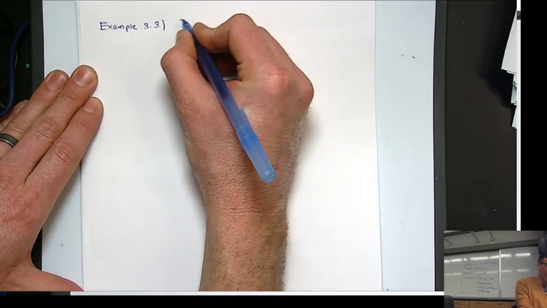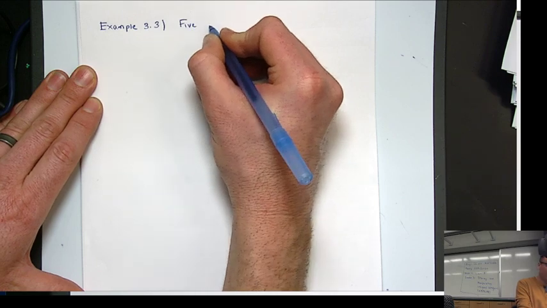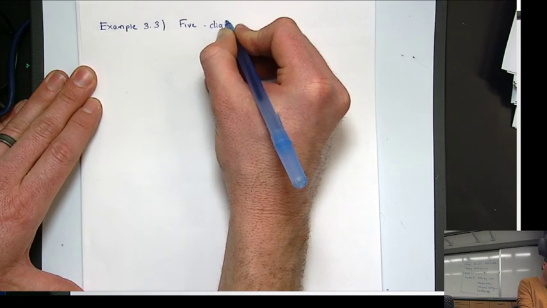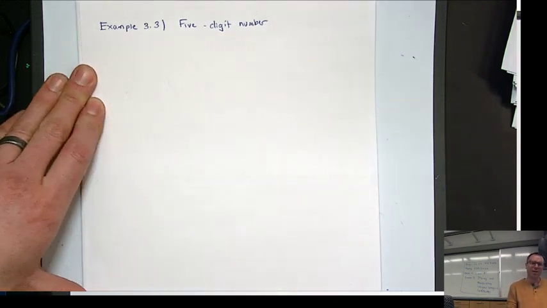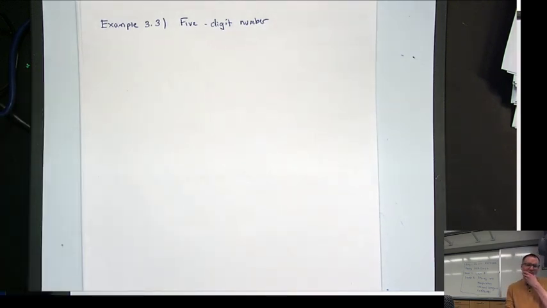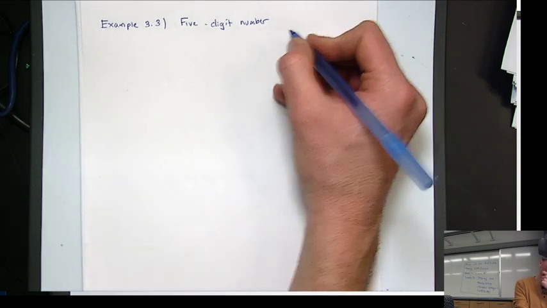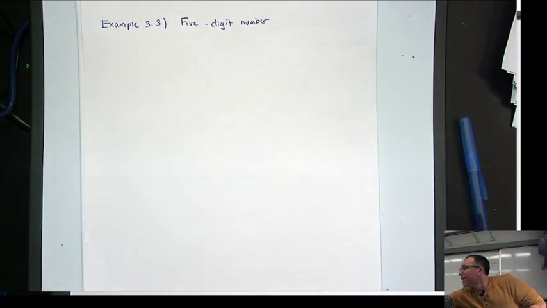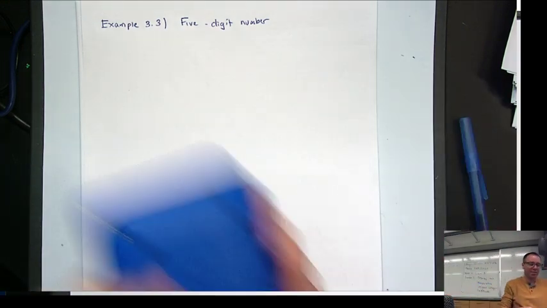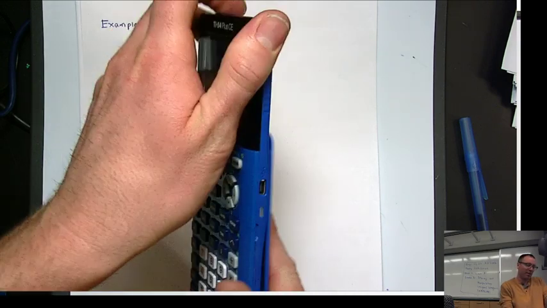And we'll do a 5-digit number. And I kind of forget right now. I think this one might be something like 2 to the 15th. I'm guessing most of you do not have this one memorized.